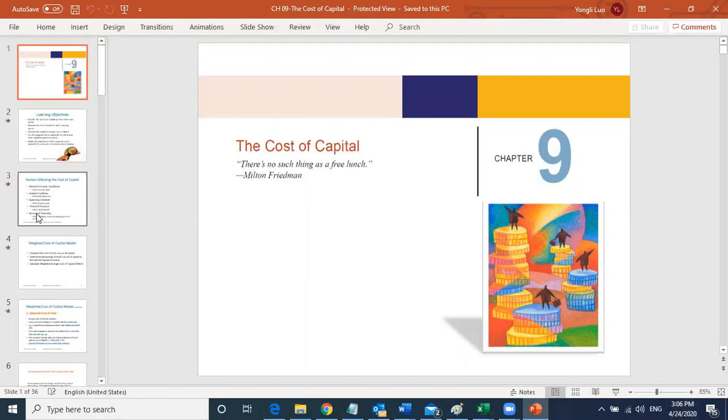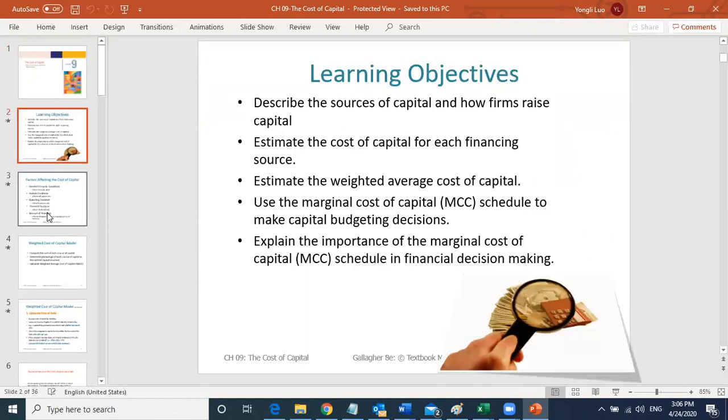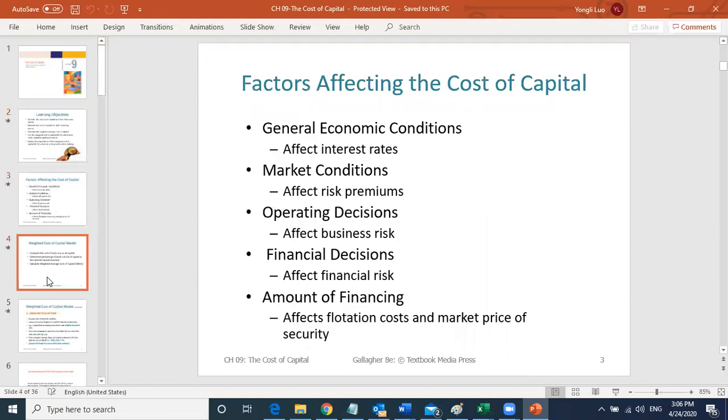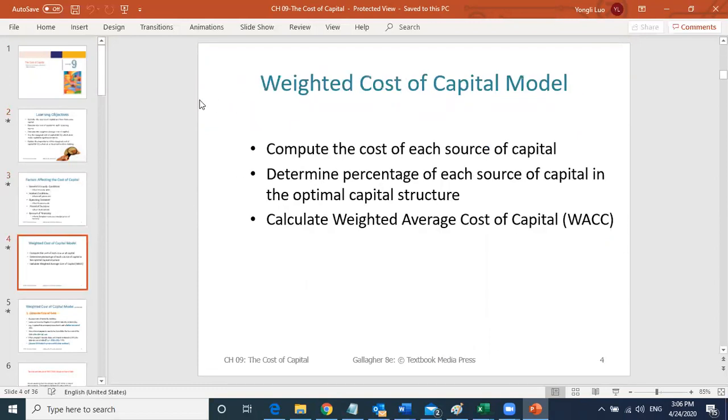Okay, the cost of capital. These are our learning objectives. We are going to estimate the weighted average cost of capital.